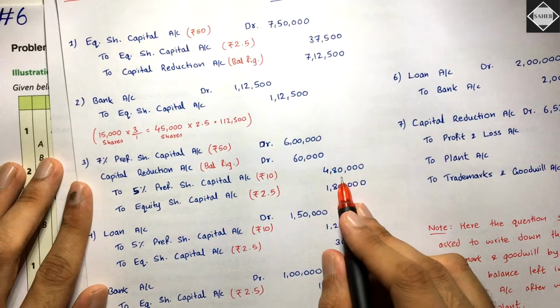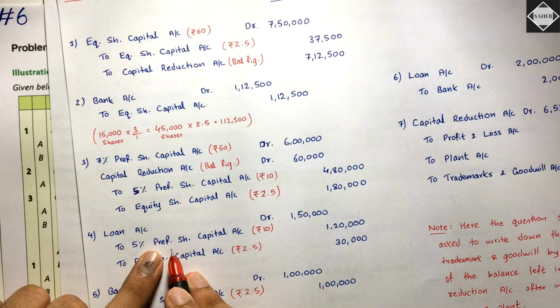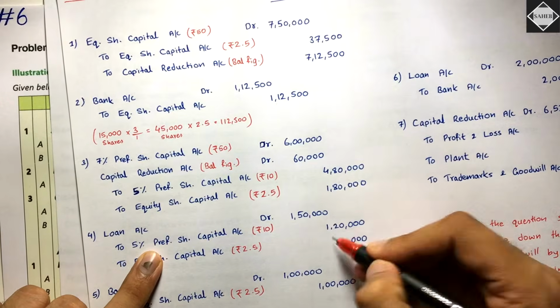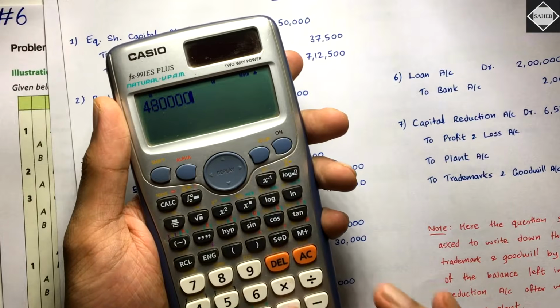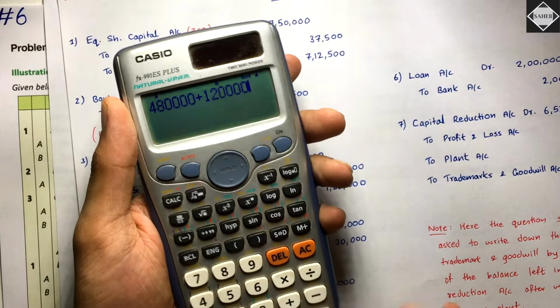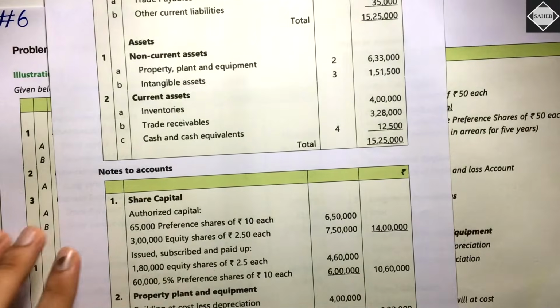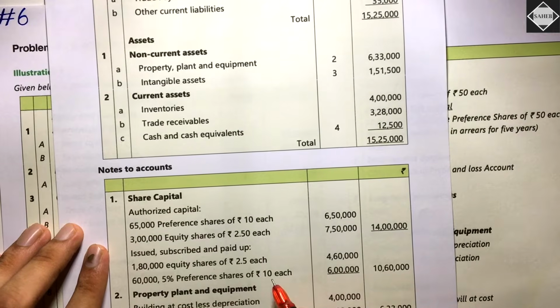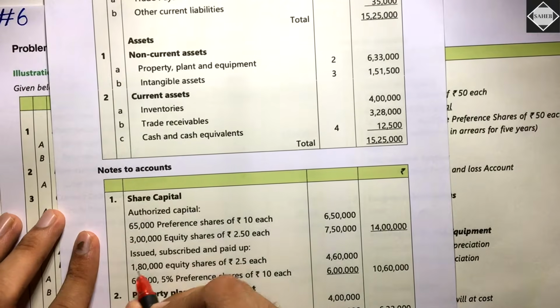Preference share capital is 4,80,000 here, and then we issued to loan holders also 1,20,000. So 4,80,000 plus 1,20,000 is equal to 6 lakhs only. So 6 lakh divided by 10 is equal to 60,000 preference shares. Clear? Easy.